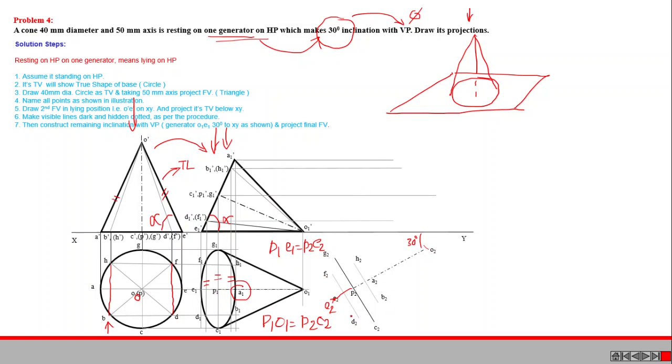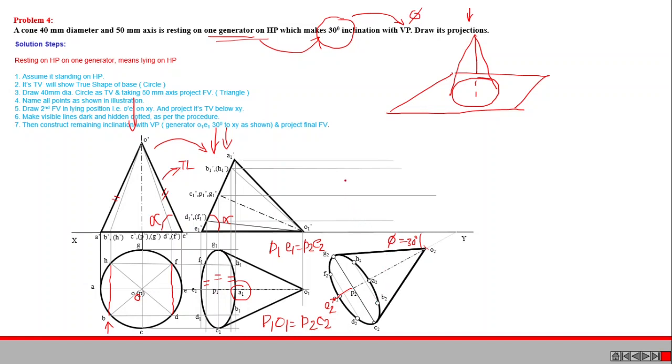All the points we can locate by drawing the construction lines, and we can draw the figure like this. Here the apex is nearer to VP and base is away from VP. This is the condition. Here 30 degree is true inclination with VP, phi.